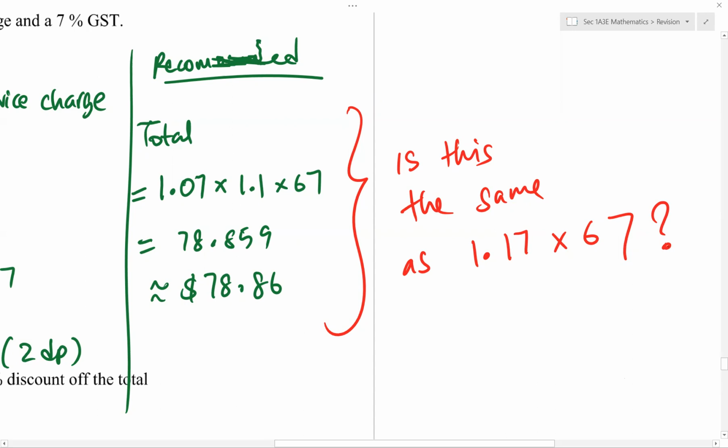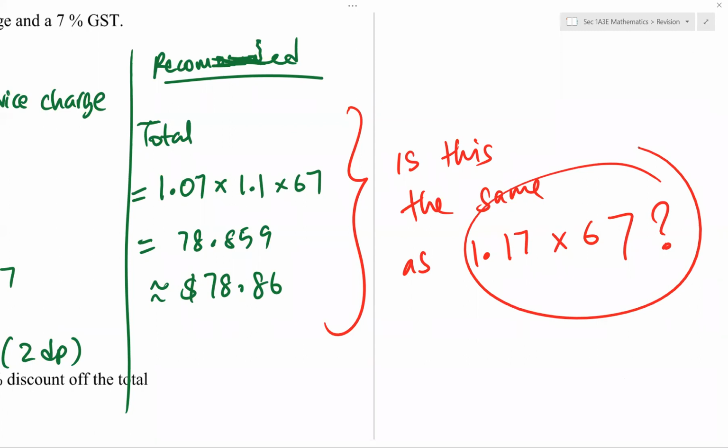Different. The one in red is a misconception by many Singaporeans. Many Singaporeans grow up thinking that they are supposed to take 1.17 times 67. When they go and pay, they eat in a group. Different people order different things, right? We don't just take the bill and divide by the number of people.